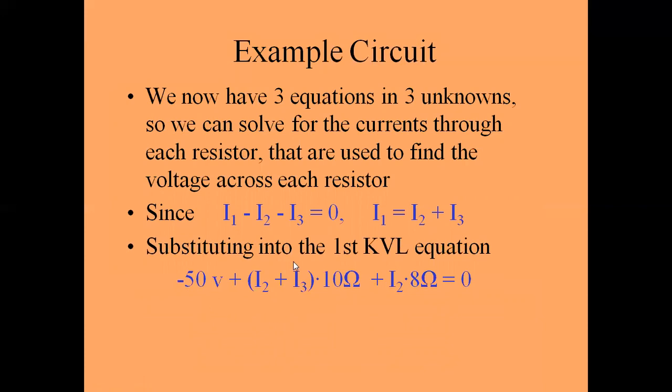So substituting into the first KVL equation, we get minus 50 volt plus I2 plus I3, that is I1, I will replace this I1 by I2 plus I3. So here we will get I2 plus I3 into 10 ohm plus I2 into 8 ohm, 8 I2 is equal to 0.